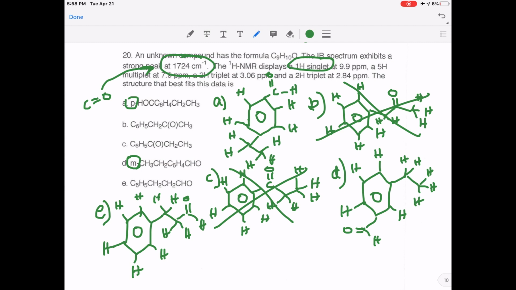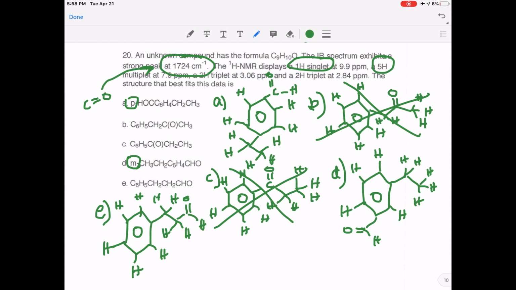So that doesn't give us a lot of information, but again, the integration number does. This tells us the number of aromatic protons there are. So there are 5 aromatic protons according to the integration.